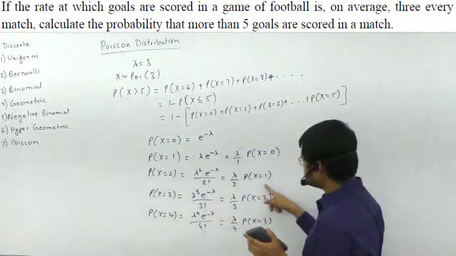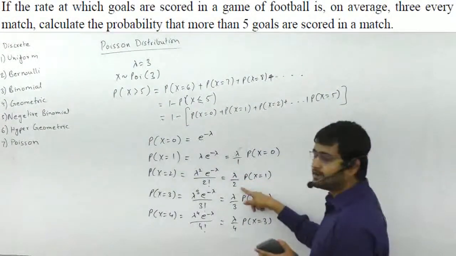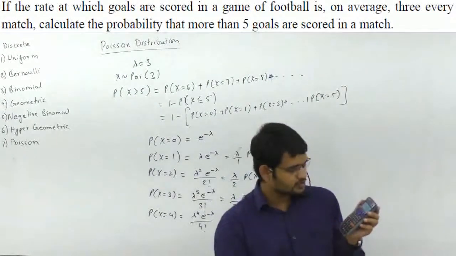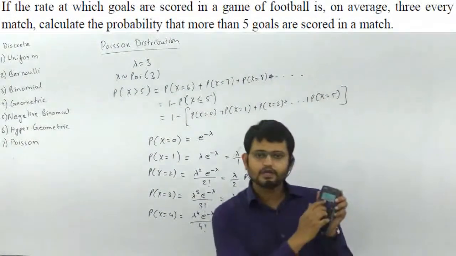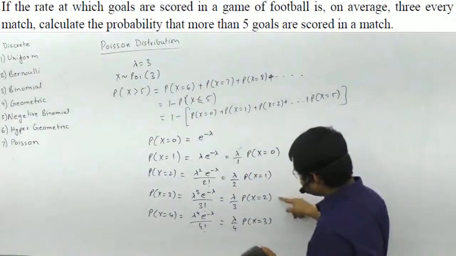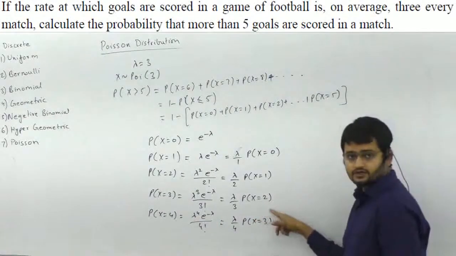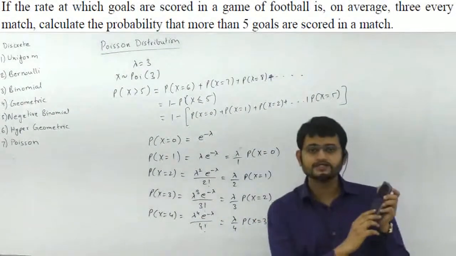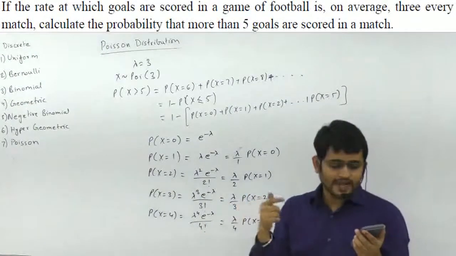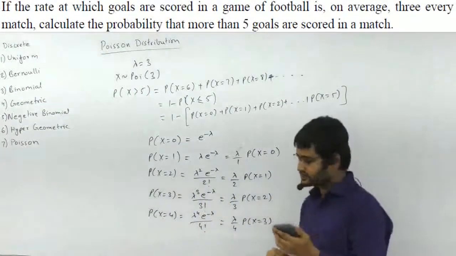Now for X equals 2, I have to multiply by lambda and divide by 2. So into 3 divided by 2 will give me the answer, and then again M plus. Now for X equals 3 I'll have 3 by 3, so it is the same as probability X equals 2. So all I can do is press M plus again. If you press M plus more than one time, it will add the same number again and again, so be careful while using this M plus.